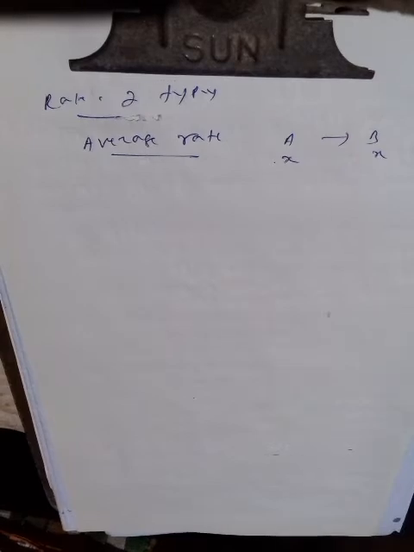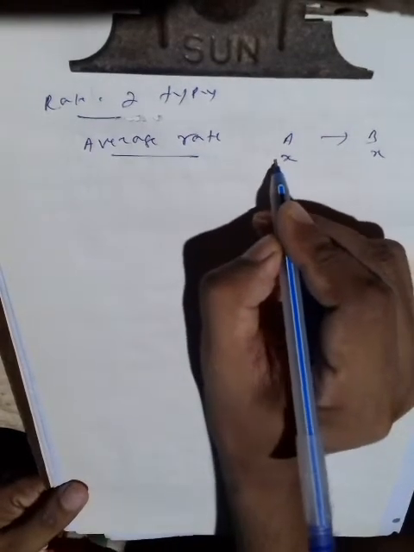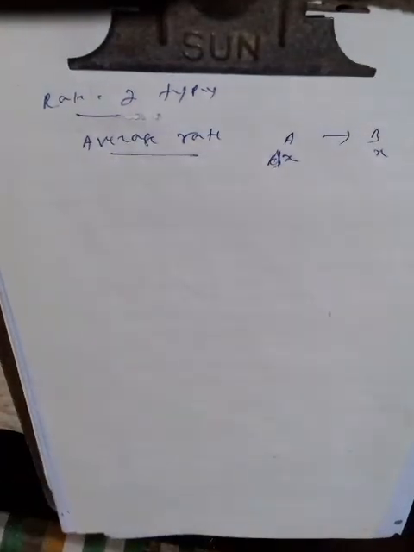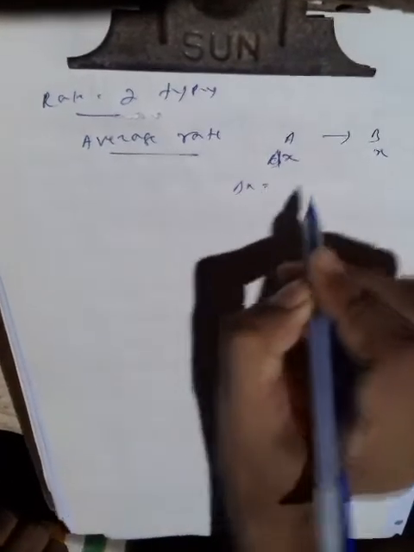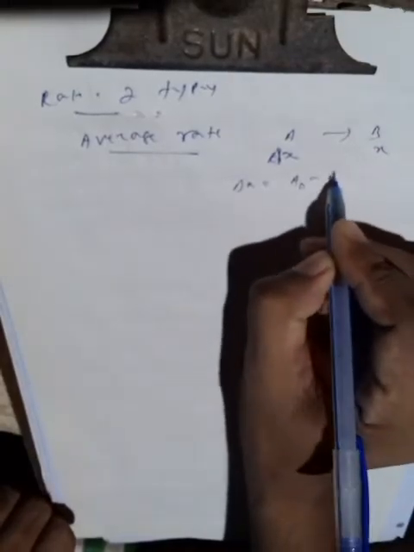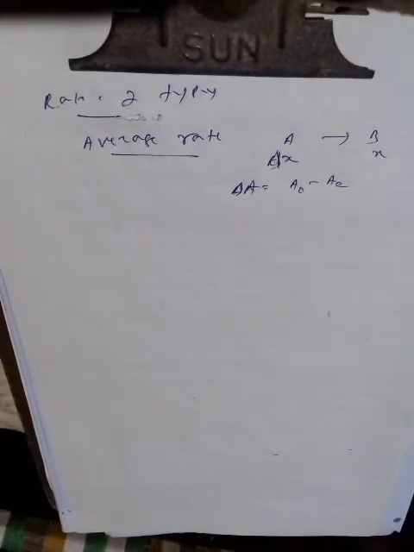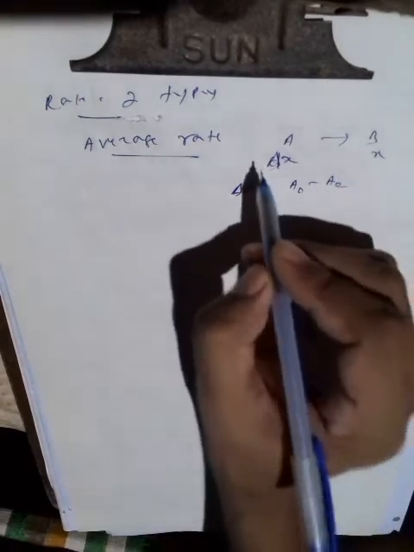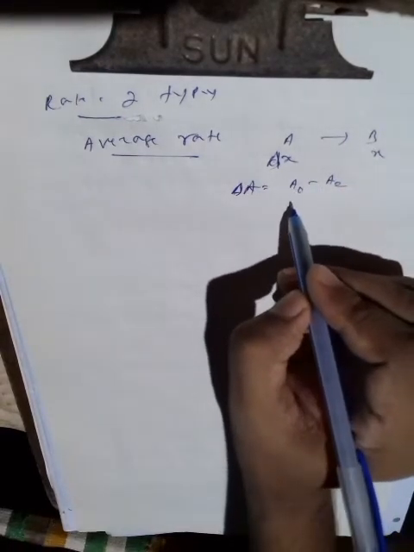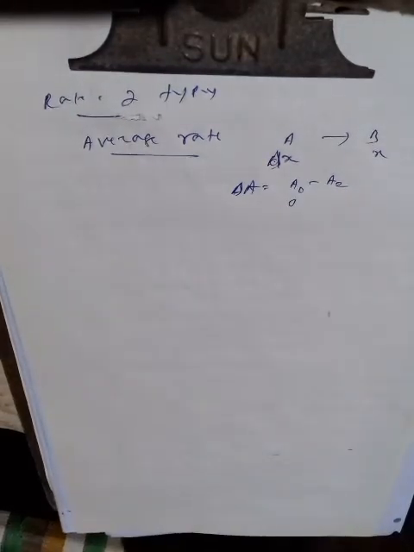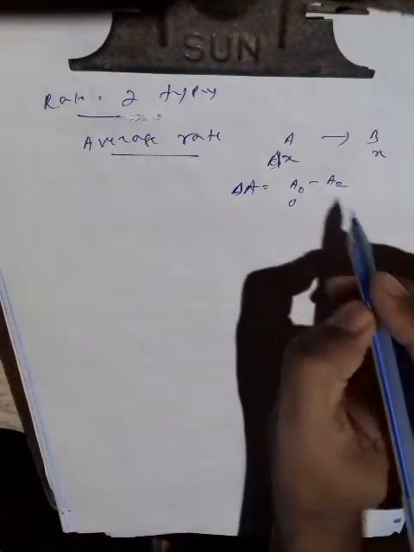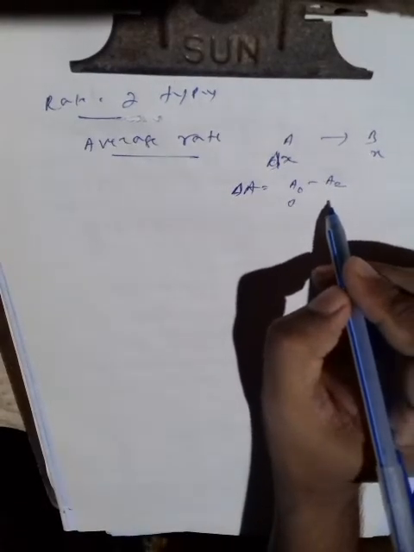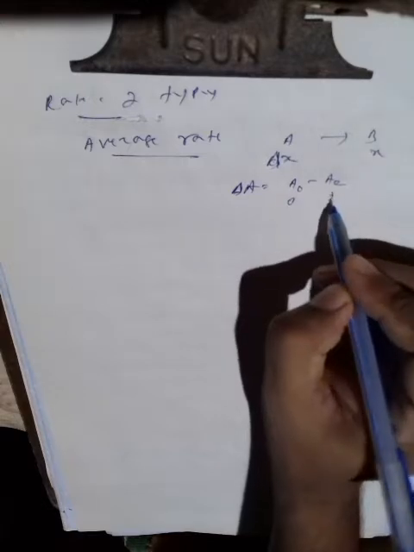So delta x is the amount of x changed, meaning the initial concentration of A and the final concentration of A. Suppose A0 is the initial concentration at time 0, where the reaction has not started, and A after some time, suppose 10 minutes or t1.